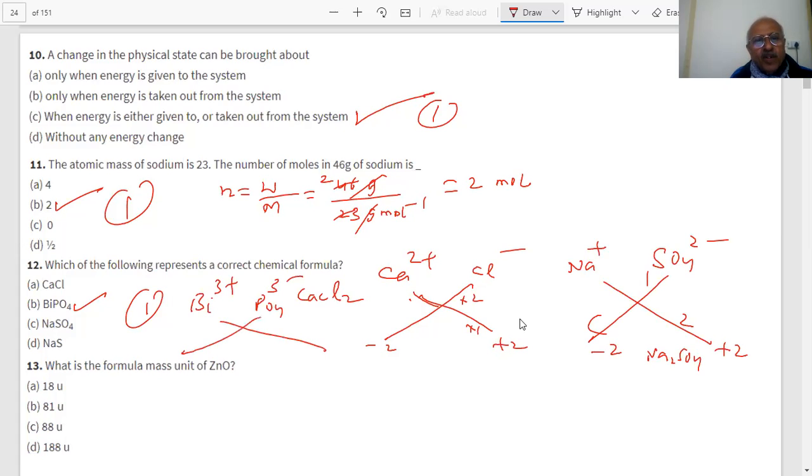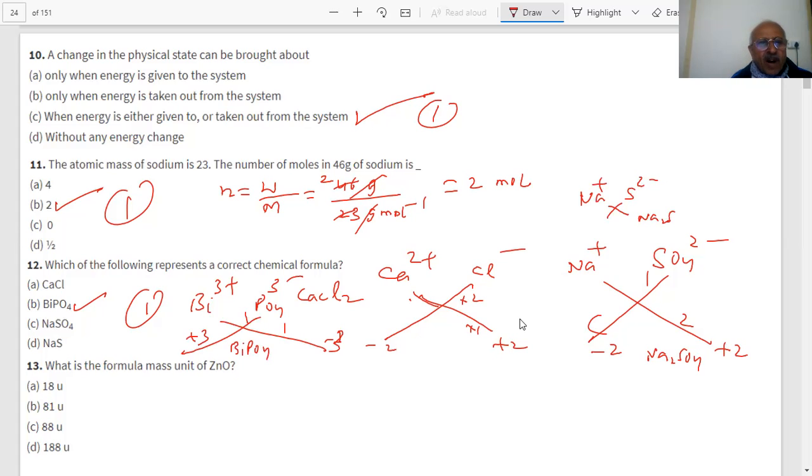So both multiply by 1 and 1, so plus 3 and minus 3. Therefore, the formula is BiPO4. This is the correct formula. Sodium and sulfide, you already know, student. Sodium is 1 and S is 2 minus, therefore it will be Na2S. Okay.